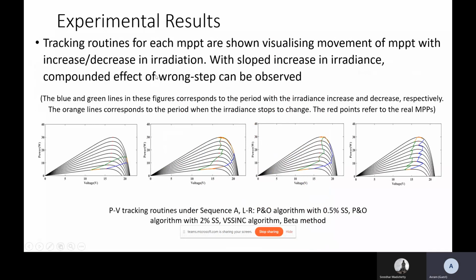And now we move on to see how the tracking routines of each MPPT show the difference in the movement of the MPP with increase and decrease in irradiation. And from here, you can really see how this slope increase and decrease in irradiation of the EN50530 test condition really affects the MPPT performance.